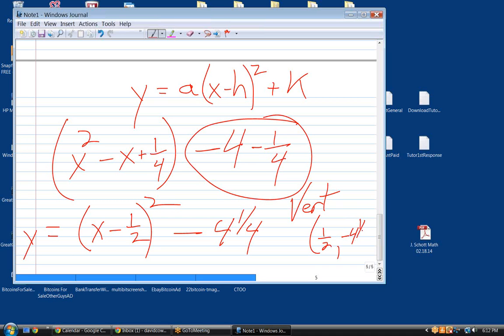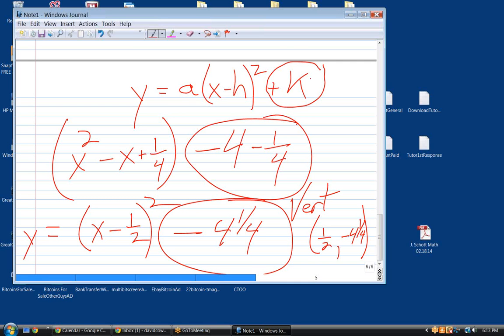That's negative because the general format is positive k. So when we came up with minus 4 1/4, then k has to be minus 4 1/4. So that's the vertex.